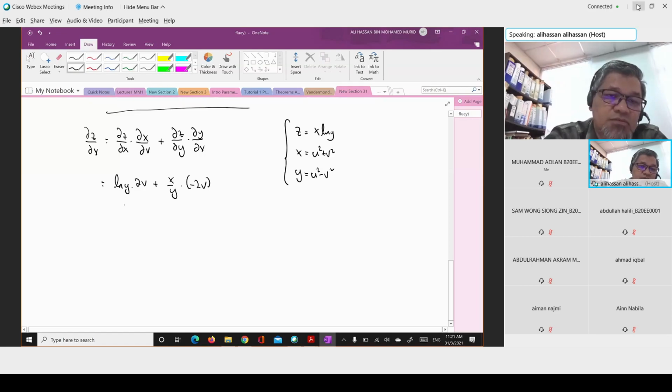So next we replace all x and y in terms of u and v. ln y becomes ln of u squared minus v squared. We have x over y, so that means we have u squared plus v squared divided by u squared minus v squared. So that is the first partial, z partial v.